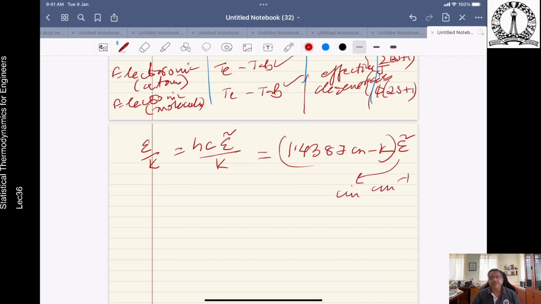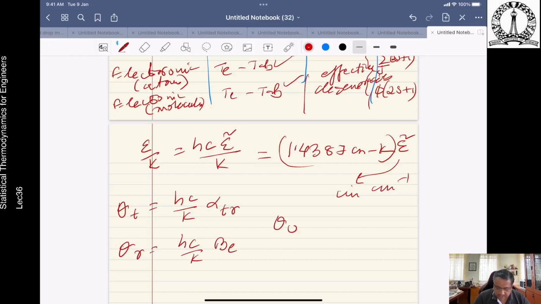So we can define different types of temperatures. For example, the translational temperature is hc by k into alpha TR. The rotational temperature is given as hc by k into BE. The vibrational temperature is given as hc by k into omega E. The electronic temperature is given by this.